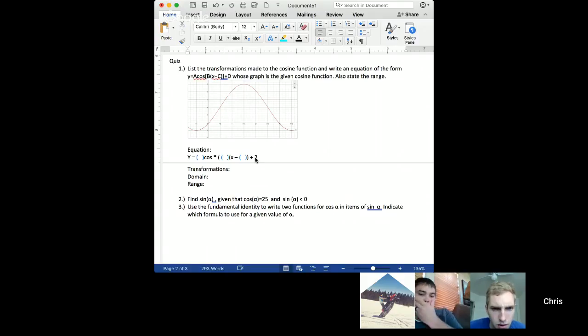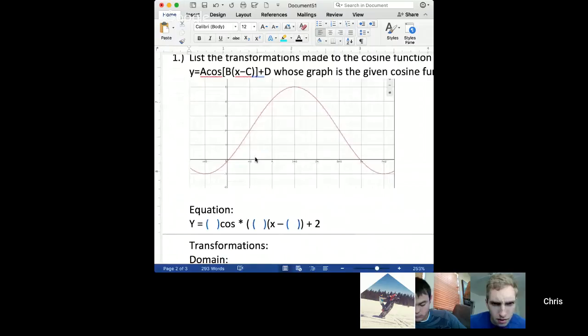We know it's a cosine, and I'm sure it's plus 2, because 2 is the line that it goes through that it repeats on. Yeah, that's like a midpoint. Is this stretched at all, or is it already said stretched?